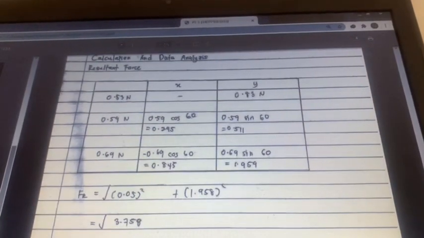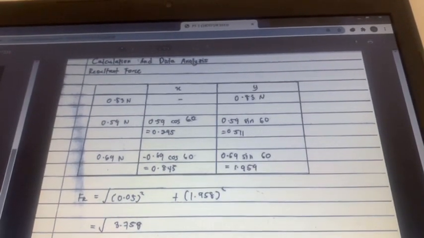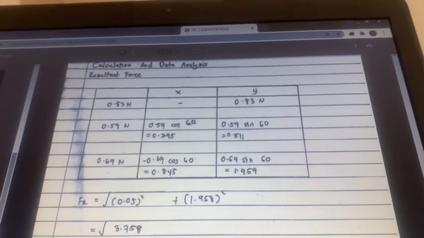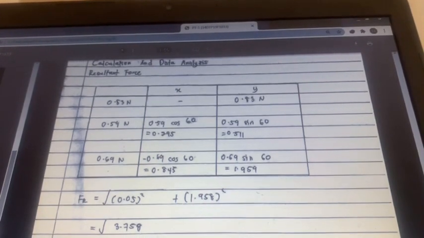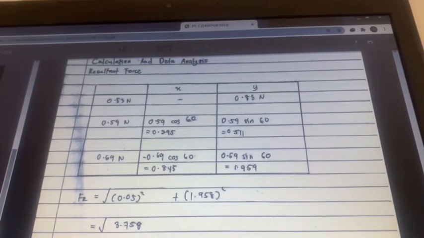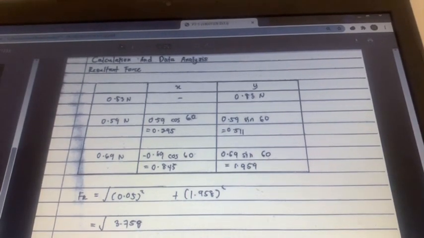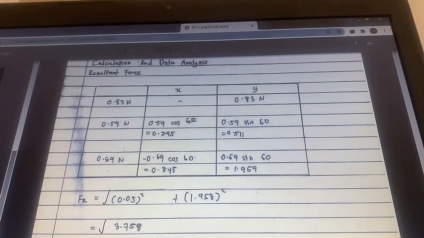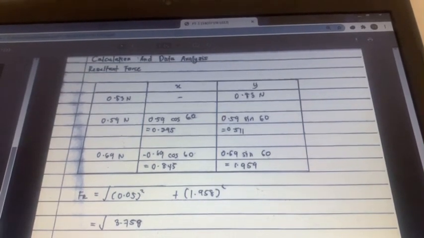Calculation and data analysis. Resultant force. 0.83 Newton: X is zero, Y is 0.83 Newton. For 0.59 Newton, X is 0.59 cos 60 equal to 0.295, and Y is 0.59 sin 60 equal to 0.511.